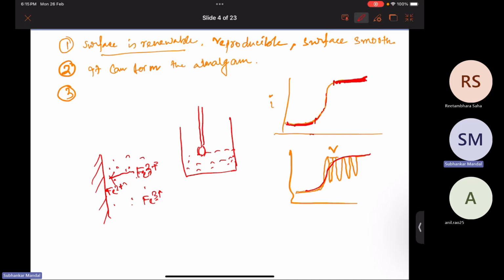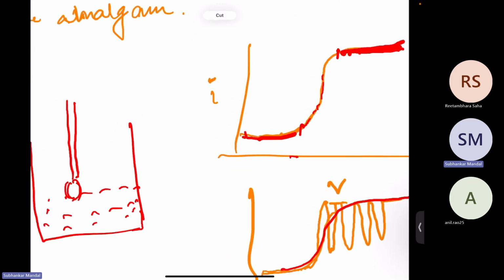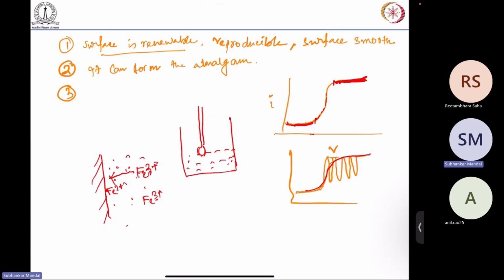Okay, so there is a concentration gradient, because at the electrode surface, what is there? Fe2+ is there, because Fe3+ is converting to Fe2+. So Fe3+ is reducing to Fe2+. That means at your electrode surface Fe2+ is there, but in the bulk electrolyte Fe3+ is there.